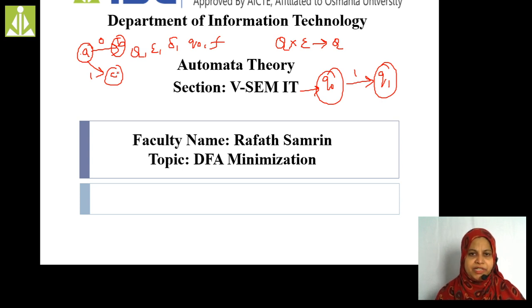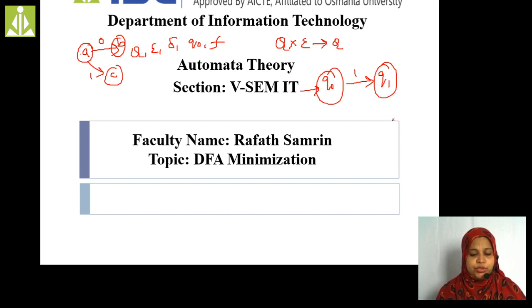This is the basic property of that particular DFA. It is not going to change whenever we perform minimization, right?